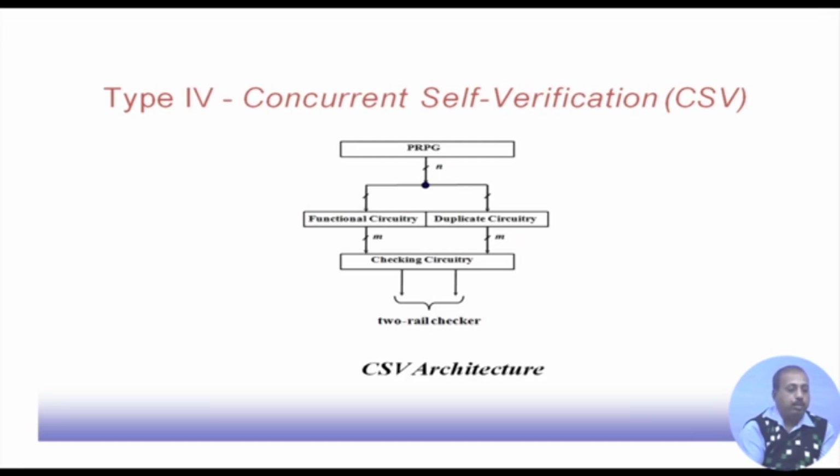If the checking circuitry says false, then either of them is faulty. So, you can say that the system is not working properly, and a faulty situation has been detected. The advantage is that we do not have any MISR sort of thing, so that way it is going to be helpful.